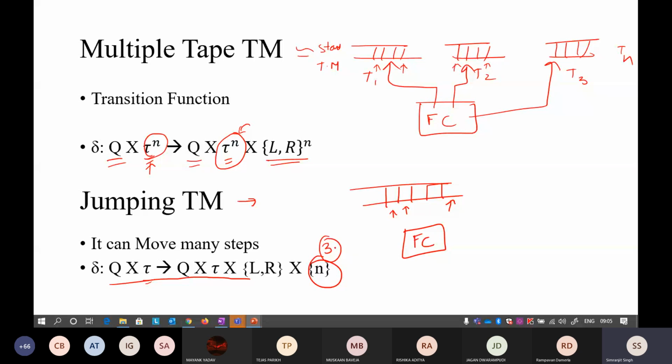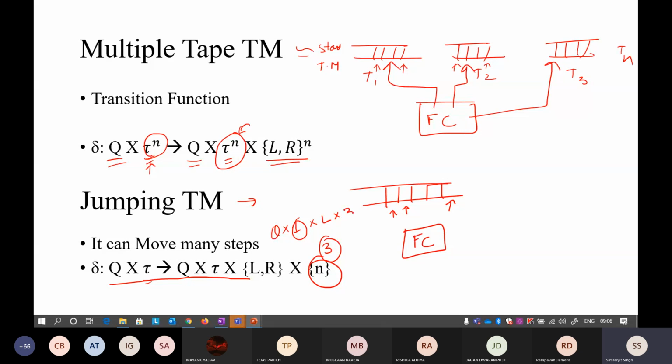If you want to jump 3 steps to the left, you define it like this: Q into tau, where tau can be anything. Suppose the tape symbol at a particular instance is 1, and you can move towards the left, specifying how far left you want to move.